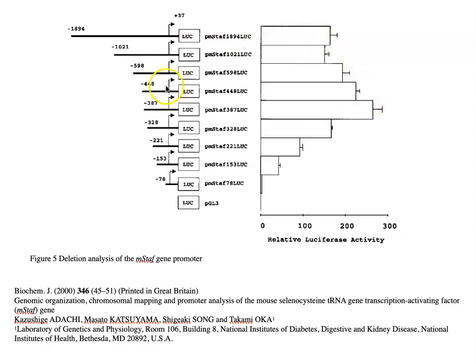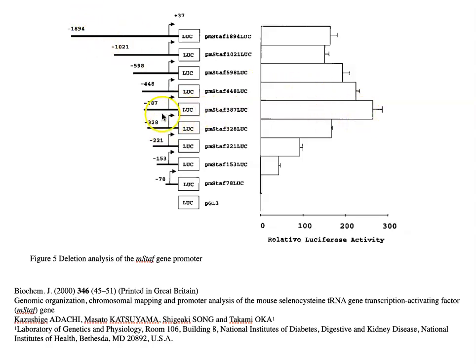What is a sign that the sequence contains promoter sequences or functions is when the expression starts decreasing. At some point we've reached 387 bases from the original.